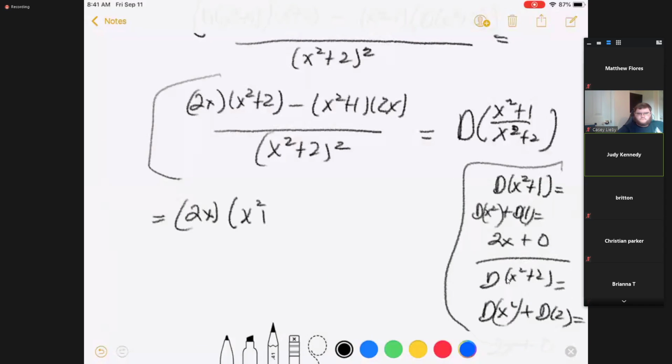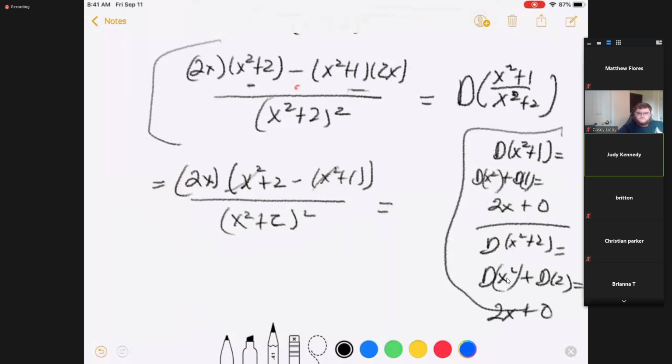And then I'll have x squared plus 2 left from that term, and from that term, I'll have minus x squared plus 1 left, because remember I have that minus there I can't forget about. And that's over x squared plus 2 all squared. So the x squareds cancel out. And then I've got 2 minus 1, so that's just 1.